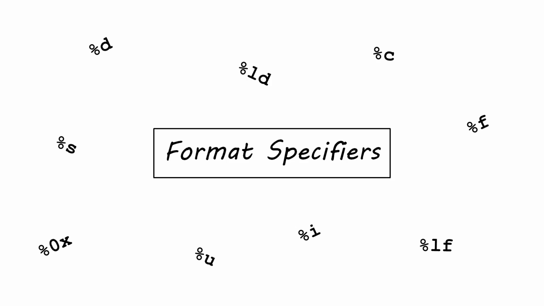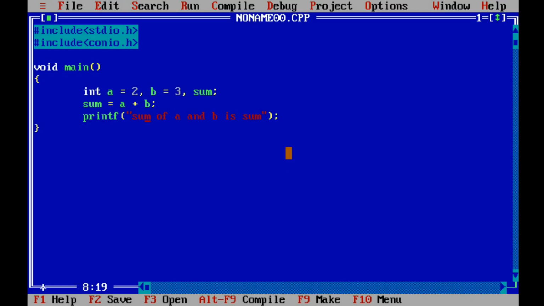Format specifiers will be explained in some other video, as there are a lot of them and cannot be covered in this video. So I'm just telling you one of them, that is %d, and this is used for integers. So I'll replace these A, B and sum by %d.